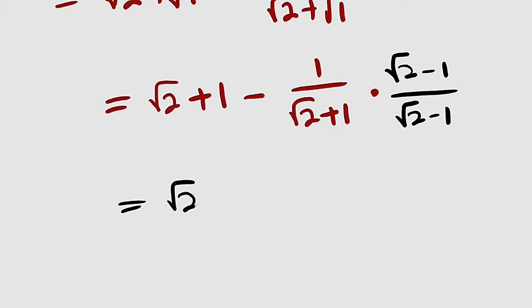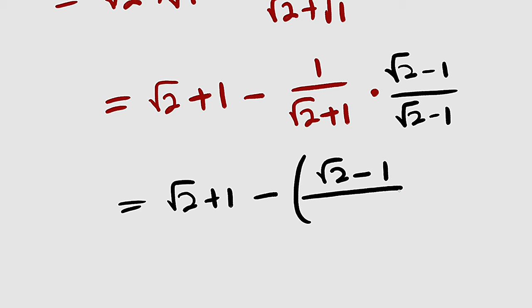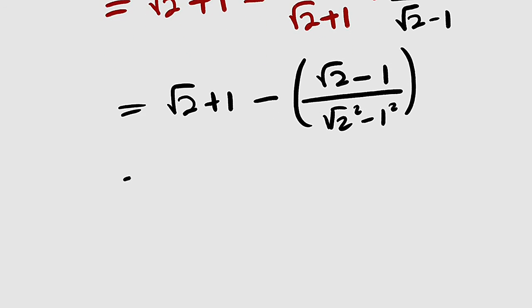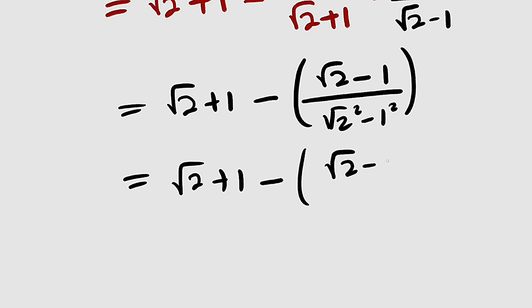This is equal to the square root of 2 plus 1 minus the whole of this. If you multiply the top, you have the square root of 2 minus 1. The bottom is just a difference of two squares, right? You square the first term, you subtract, you square the second term. This is equal to the square root of 2 plus 1 minus the square root of 2 minus 1 divided by: the square root of 2 squared is 2, minus 1 squared is 1, and 2 minus 1 is 1.